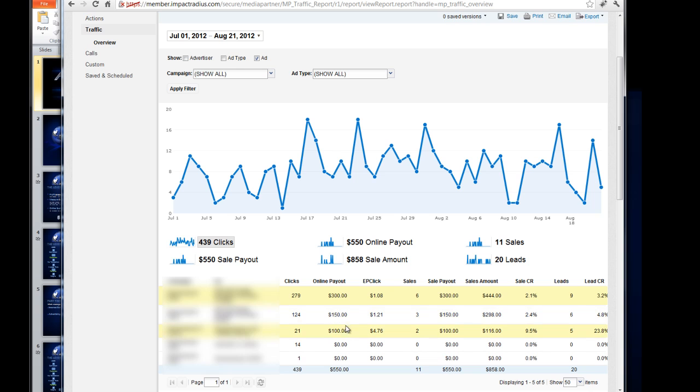Okay. And then this second one down here is the newest one I just recently started. I've only had 21 clicks, but I've actually got 2 sales already. It's got a much higher earnings per click. So if I was going to move either of these campaigns over to Facebook or Google, I'd want to at least get my cost per click under $1.